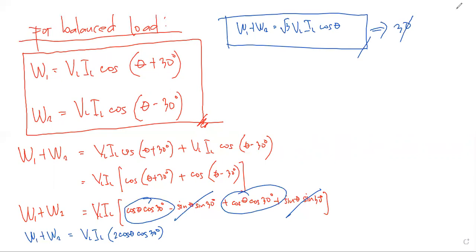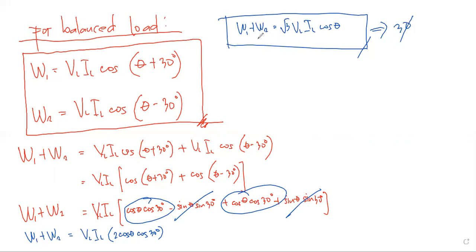So meaning to say, by practicality, you can use the two wattmeter method to obtain the total power of the circuit by adding the readings of the two wattmeters. As you can see, the total power drawn by the circuit is equivalent to the sum of the readings of the two wattmeters.